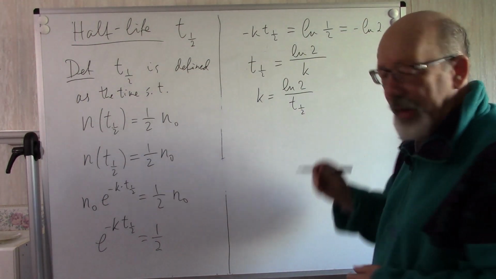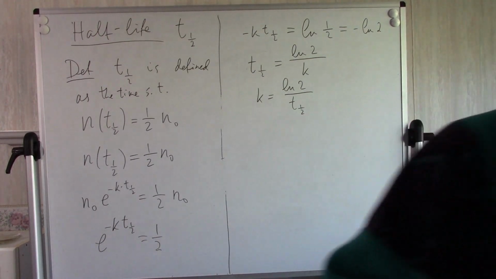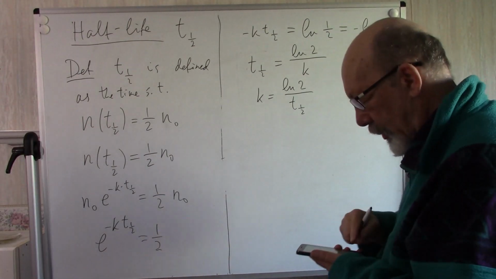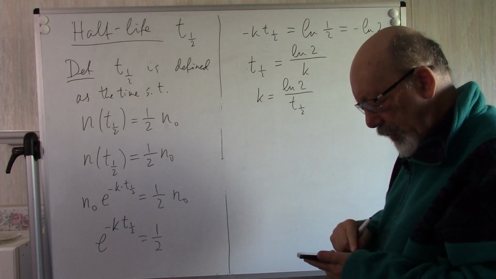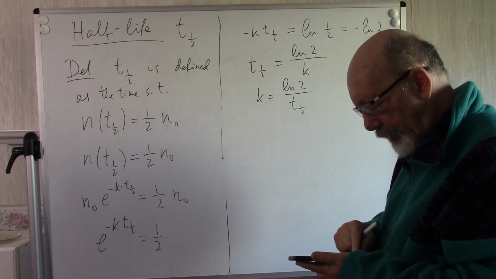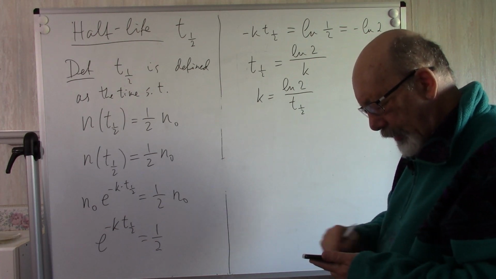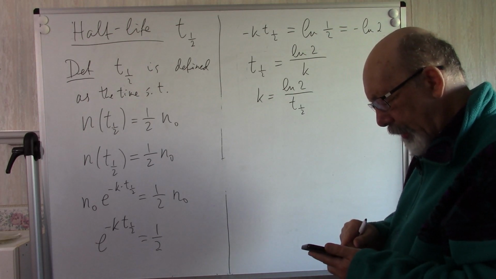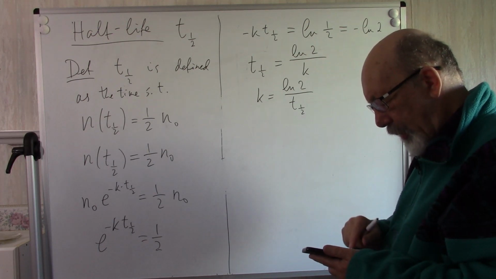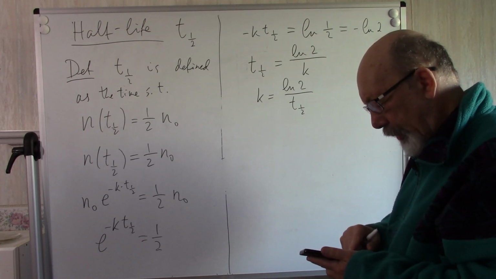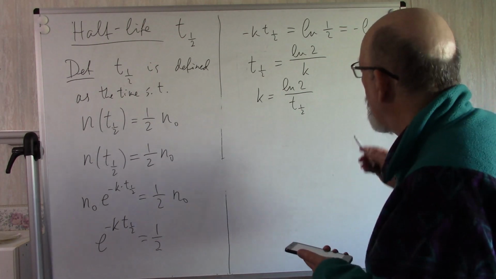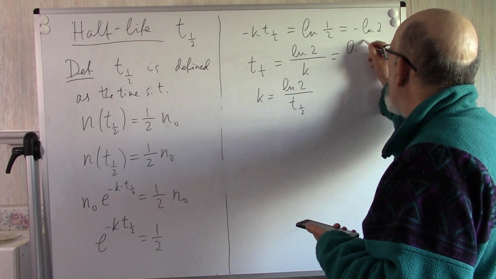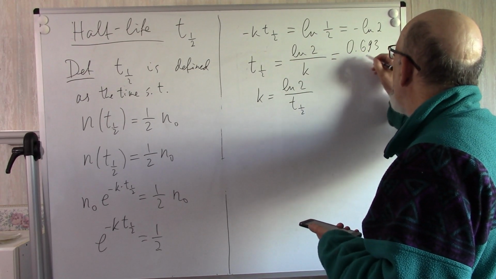Now numerically, logarithm of 2, one moment, I'll take my calculator. Logarithm of 2 equals 0.693.